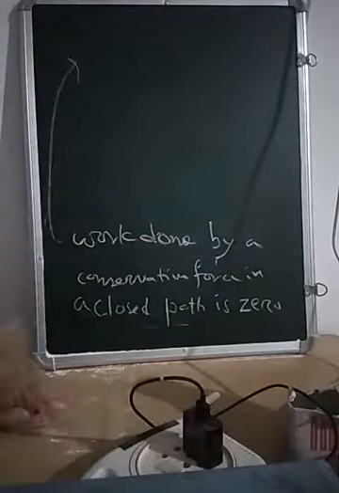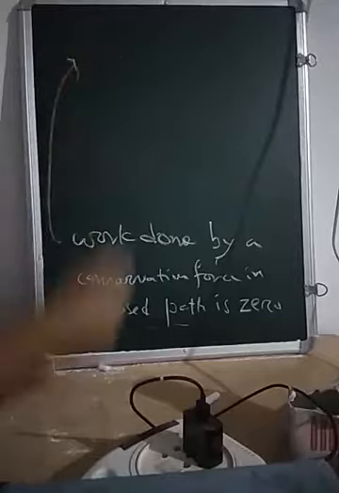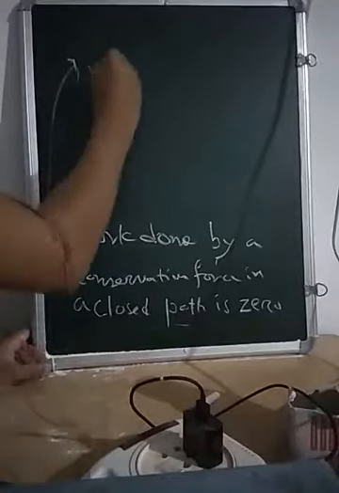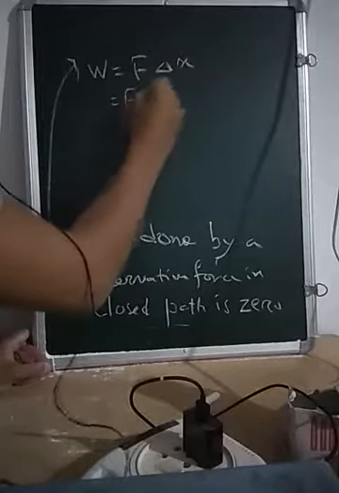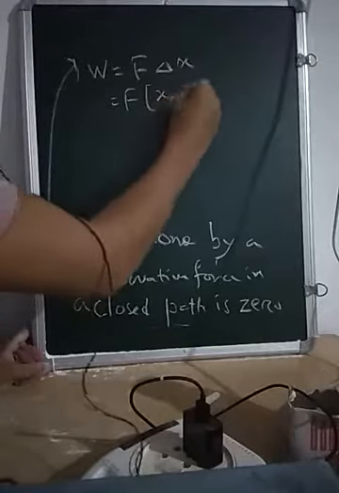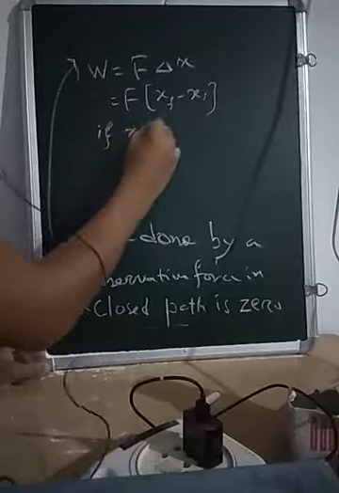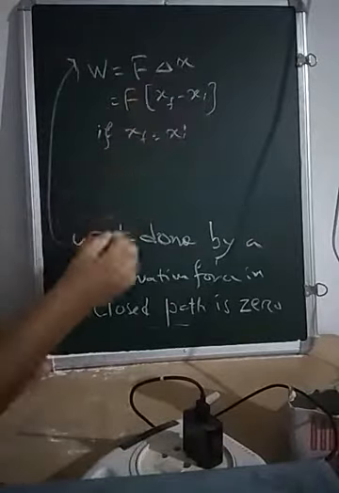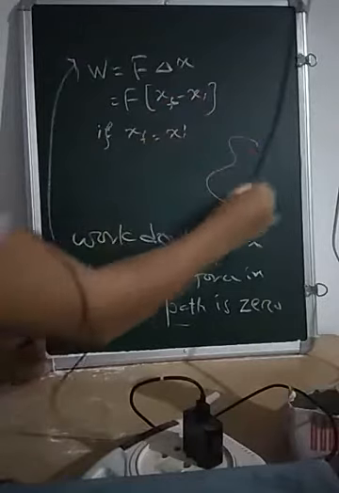If we see this, what does it mean? How do we represent the work done? Work done is F into delta x, where delta x means xf minus xi, the change in position. If xf is equal to xi, that is, the initial and final positions are equal, that is work done in a closed path.